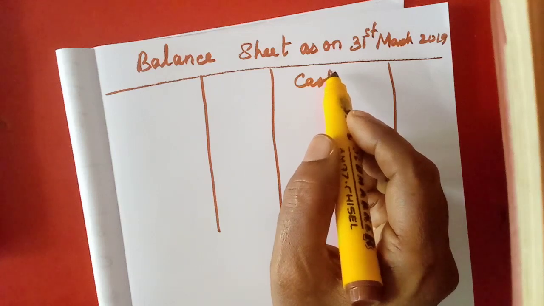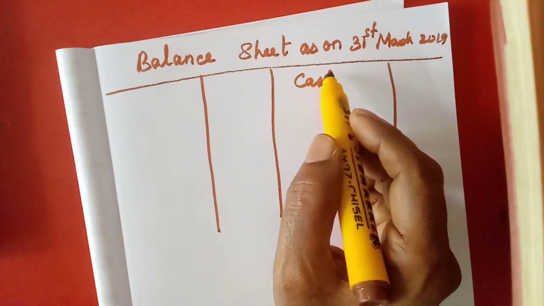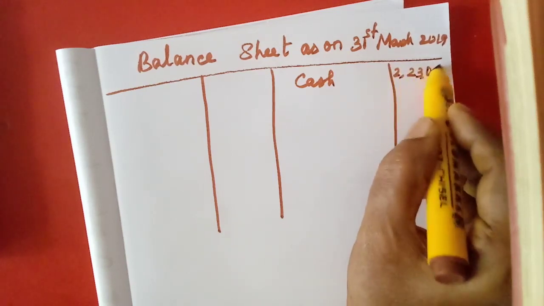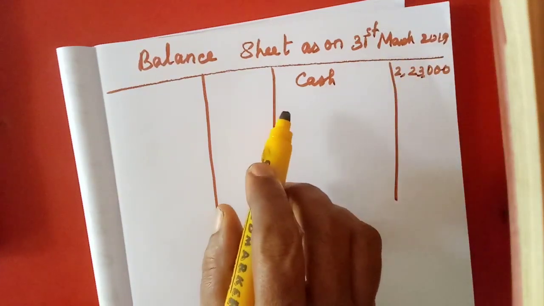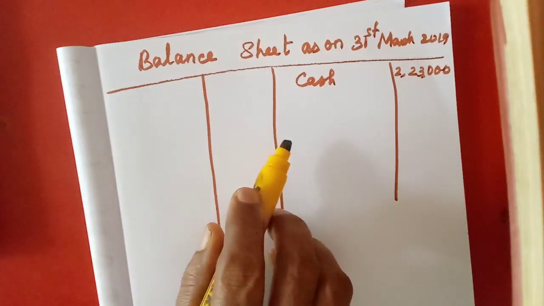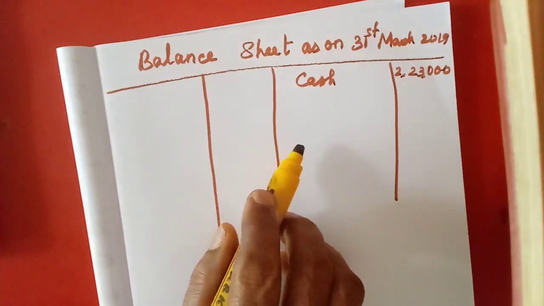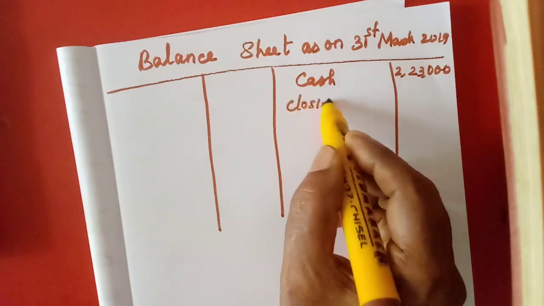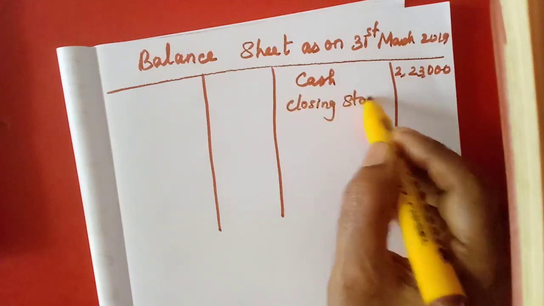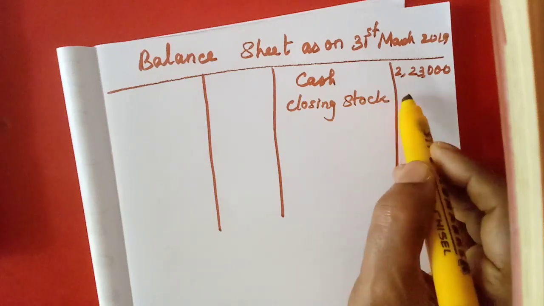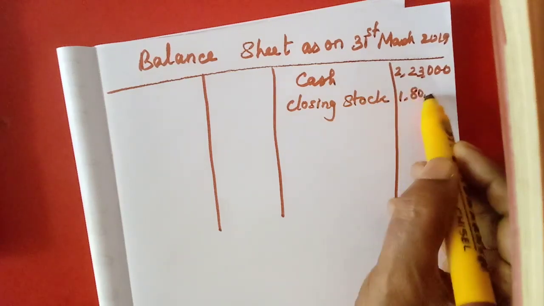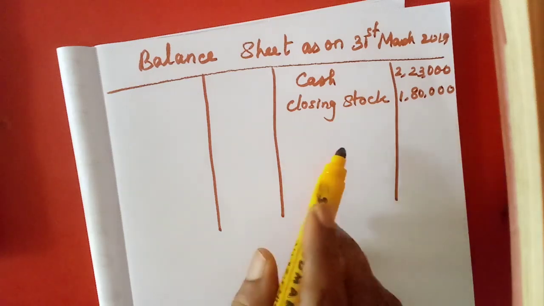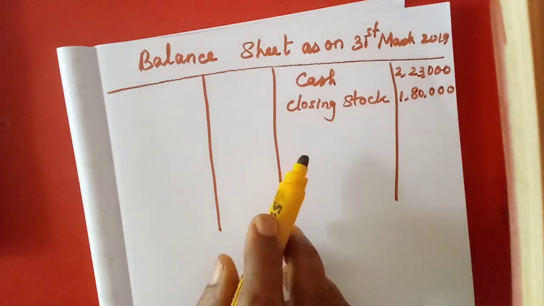By balance carried down, written 2,23,000. Cash 2,23,000. Then you come to the other information, stock of goods. There, closing stock, 1,80,000. This we have already written in the trading account. By closing stock, it will come in two places.